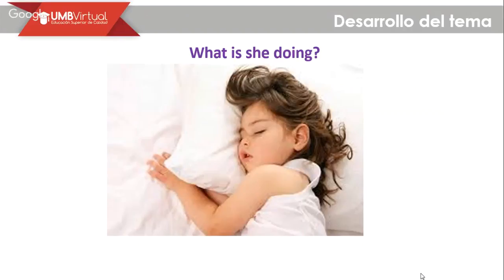A positive statement. If I ask, what isn't she doing? She isn't eating, for instance, because it is not an action that she's doing right away. And for the question, what other question can we make?